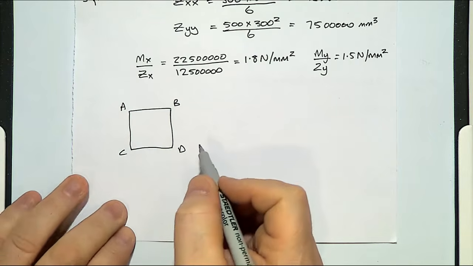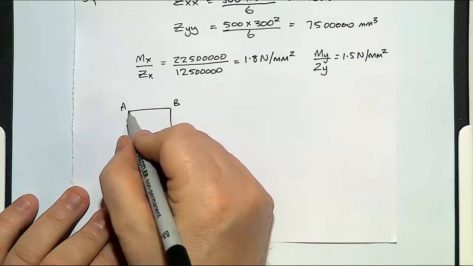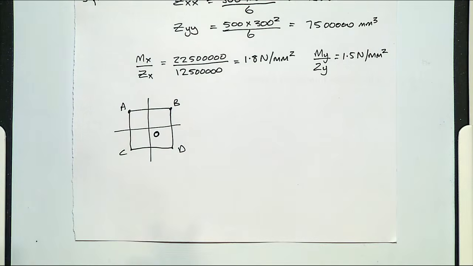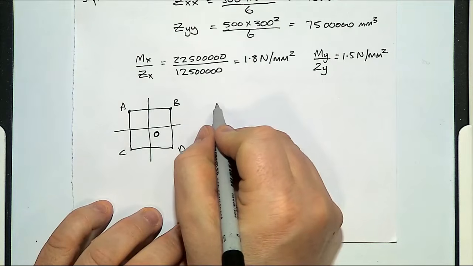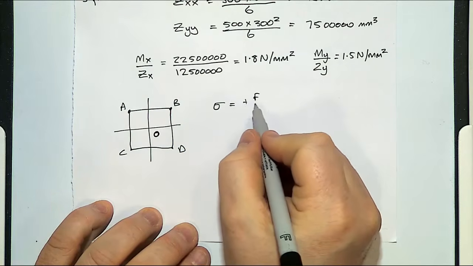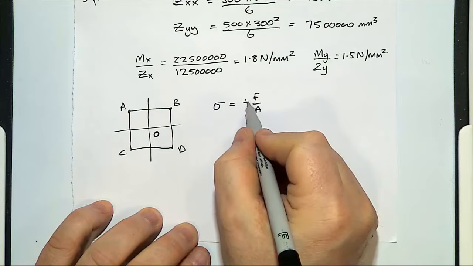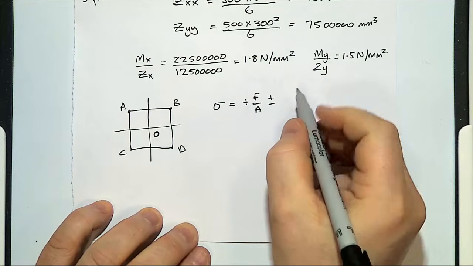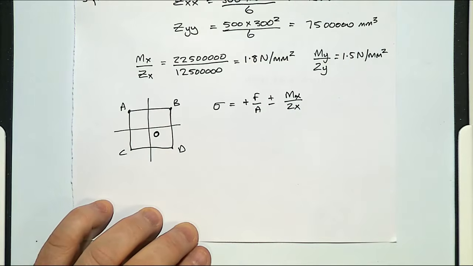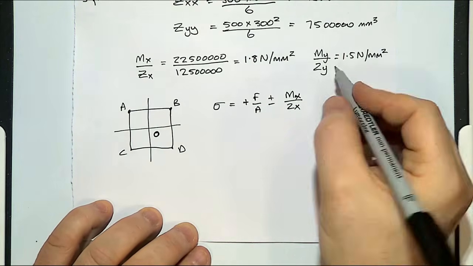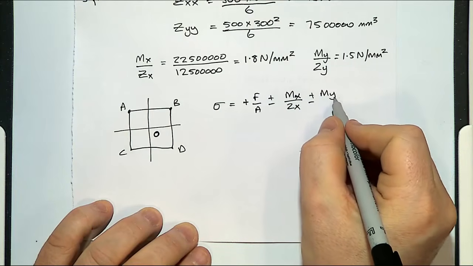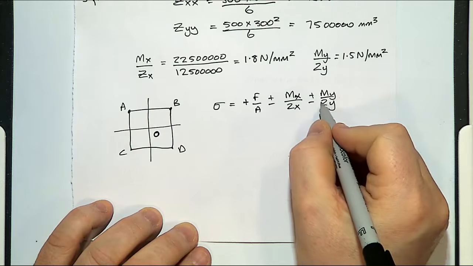The original question was, what is the stress at each of these corners, A, B, C, D? In terms of my formula, I have my direct stress, then plus or minus my bending stress across the x-axis, and I also have my bending stress across the y-axis.